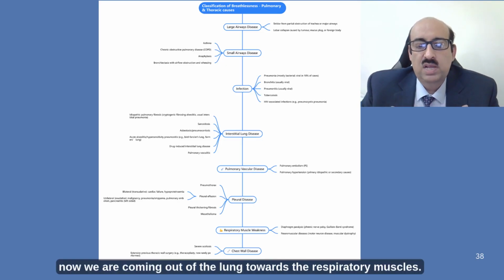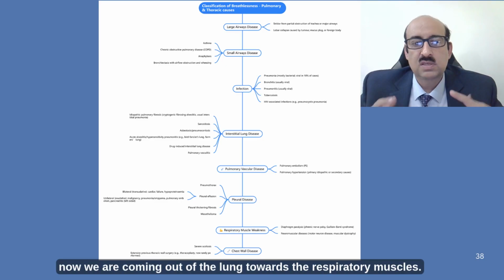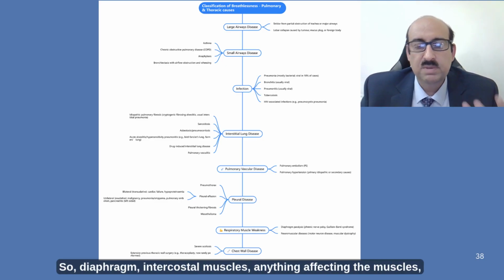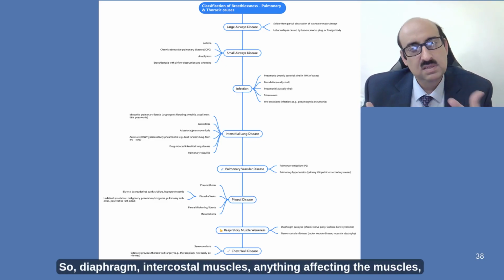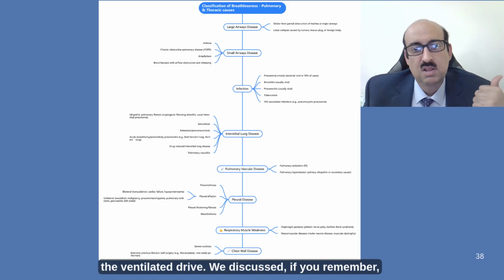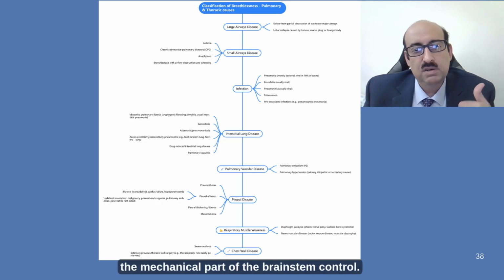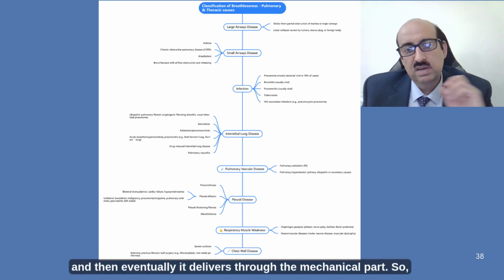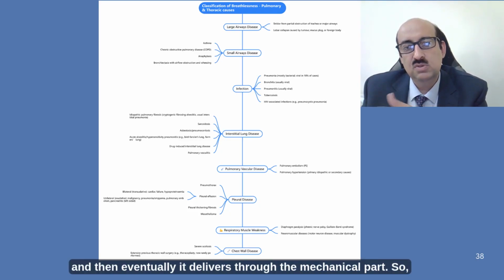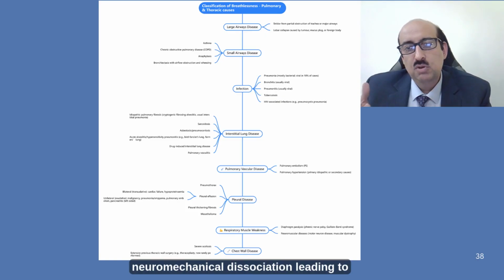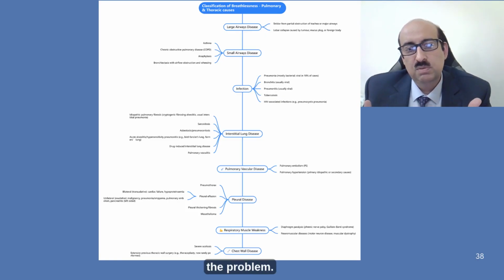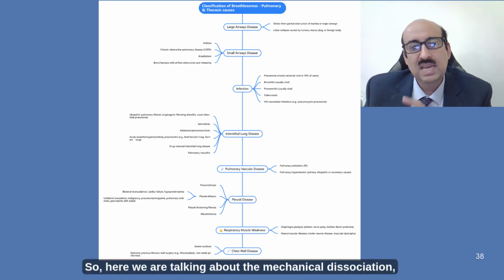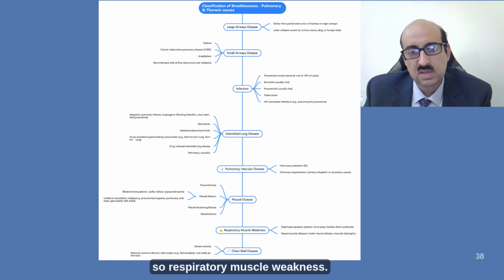Having dealt with the pleura, now we are coming out of the lung towards the respiratory muscles. So diaphragm, intercostal muscles, anything affecting the muscles, the ventilatory drive we discussed. If you remember the mechanical part of the brainstem control, the brain is a driver and then eventually delivers through the mechanical part. So neuromechanical dissociation leading to the problem. So here we are talking about the mechanical dissociation, so respiratory muscle weakness.